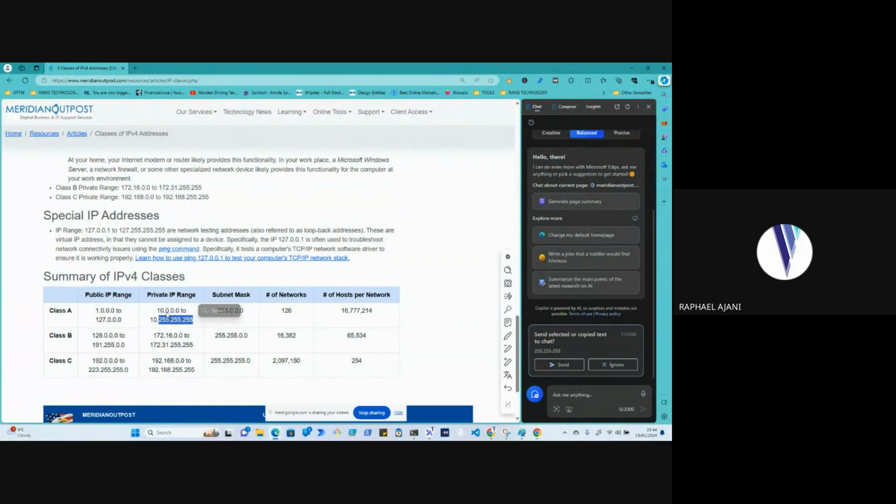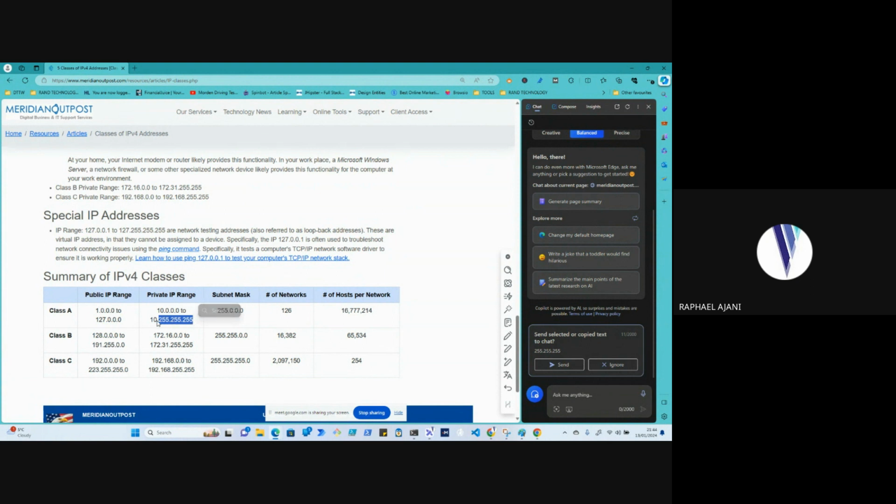But remember that usually there are reserved IPs. You cannot assign the first and the last one. So in this private range also, you cannot assign 10.0.0.0 and you cannot assign 10.255.255.255. You can only assign the numbers in between them.